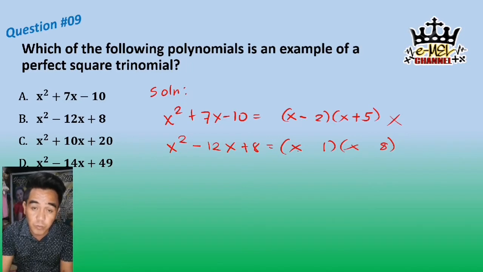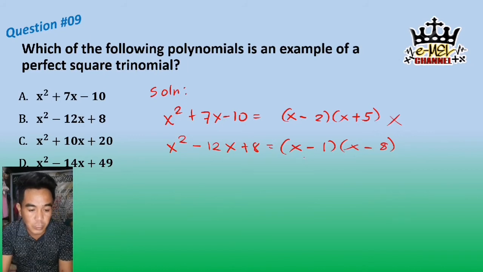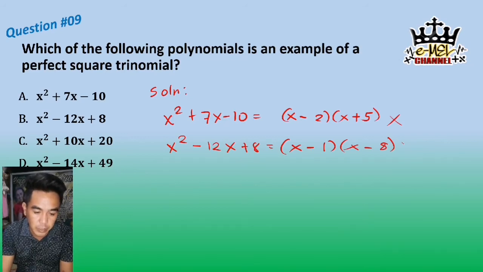But if we multiply negative 8 by negative 1, it also becomes positive. Since the middle term is negative, we're going to do the negative operation in these two terms, which will not reach the negative 12. Therefore, this is not a PST.